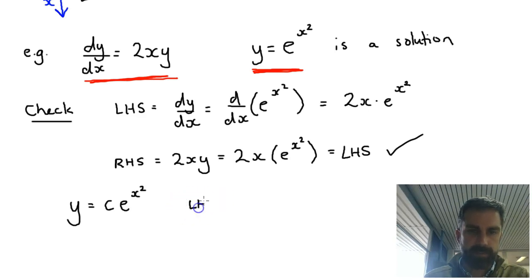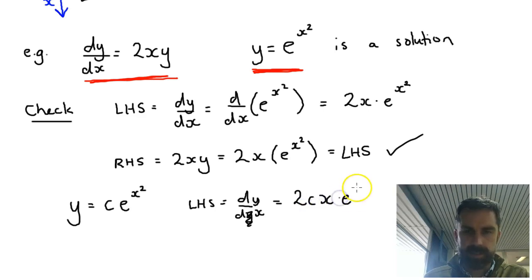We can say the left-hand side is dy by dx. And if we take the derivative, that will actually come out to 2cx e to the x squared.